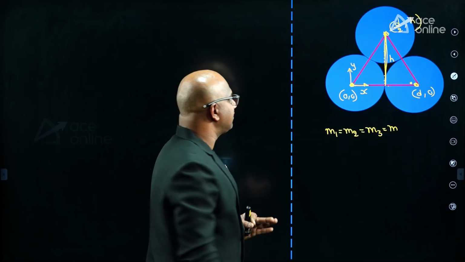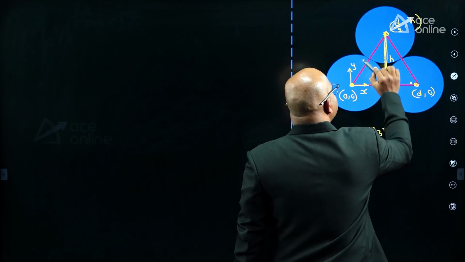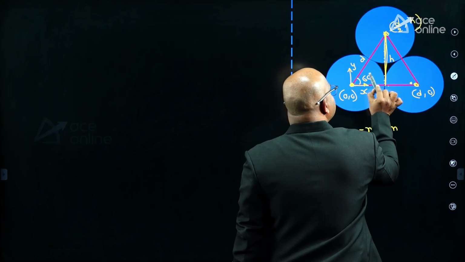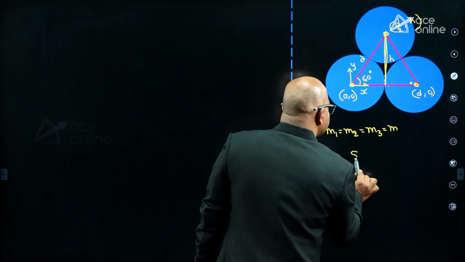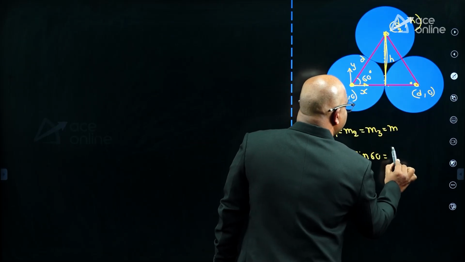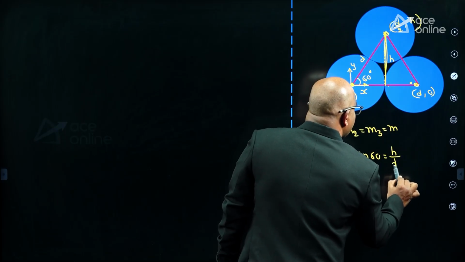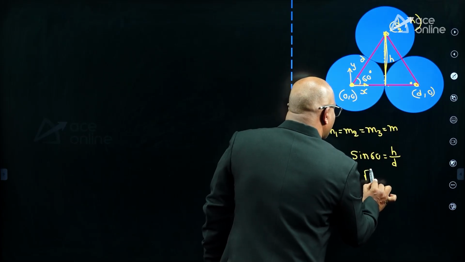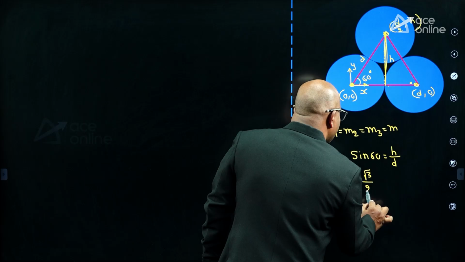Then how can you find this H? I know this distance is D. It formed like an equilateral triangle, so we use sin 60. What is the sin 60 formula? H by D, and sin 60 is root 3 by 2.